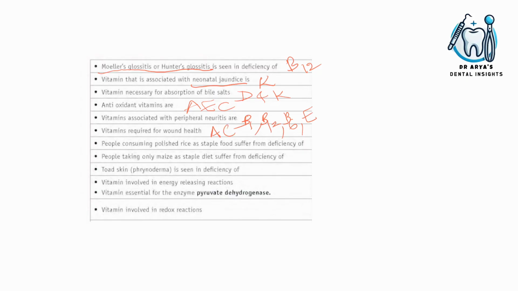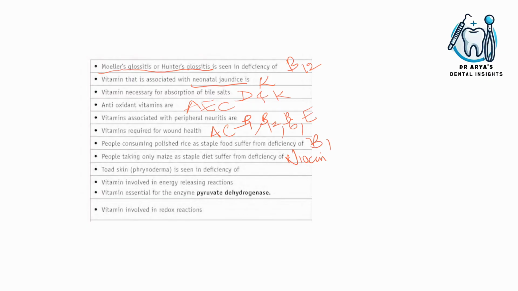People consuming polished rice as staple food suffer from deficiency of vitamin B1. People taking only maize as staple diet suffer from deficiency of niacin due to low tryptophan. So, polished rice as staple food causes deficiency of vitamin B1, and maize as staple diet causes deficiency of niacin.